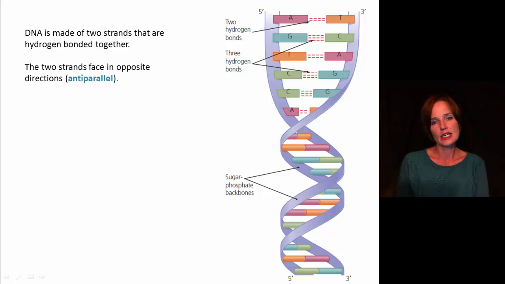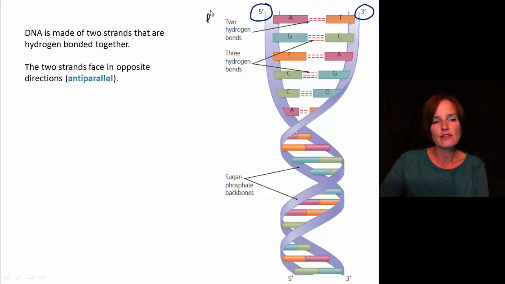Another thing to understand is that the strands face or run in opposite directions from each other. So we haven't really talked about the polarity of the nucleotides and of the individual polymers. But if you look up here, we have a phosphate end, which is going to be the 5' end up here on this one, and the other one has a 3' end.